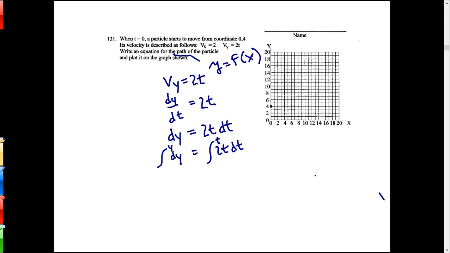For my lower limits, I look at the problem statement, which tells me that when t is 0, the particle starts to move from coordinates 0, 4. So when t is 0, y is 4.